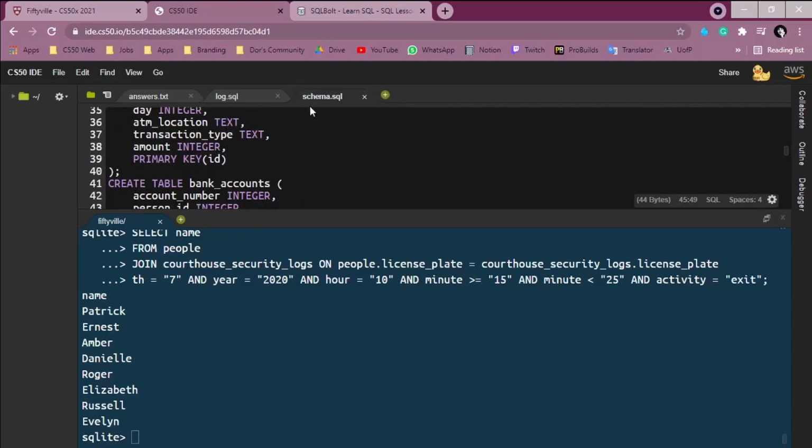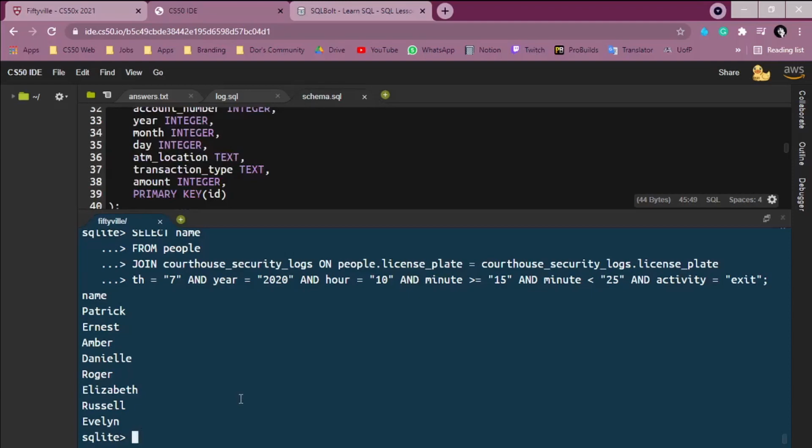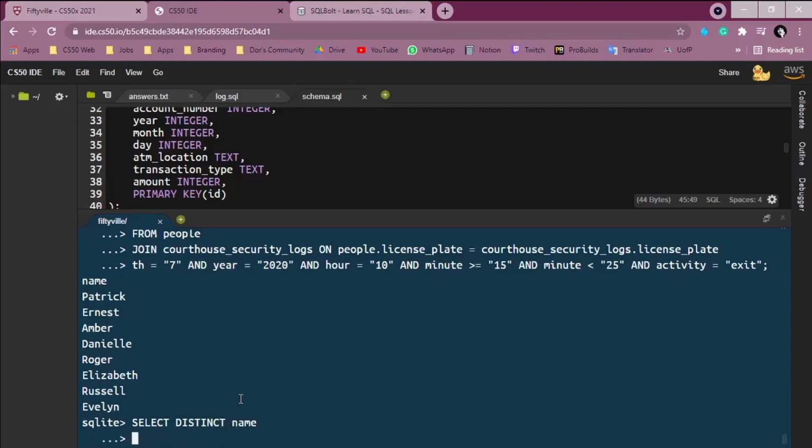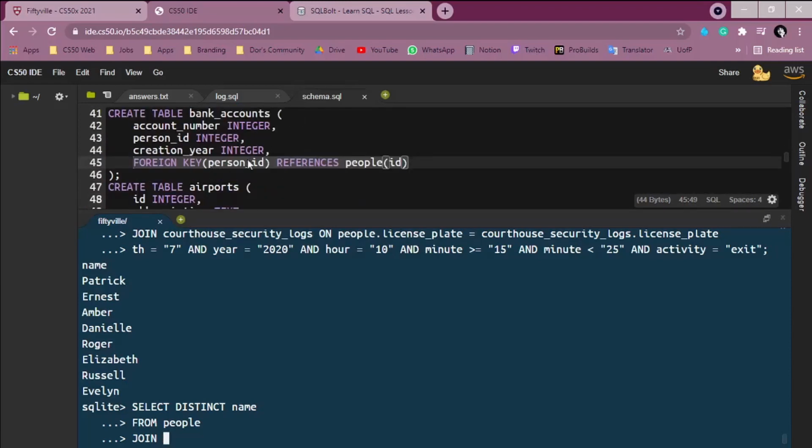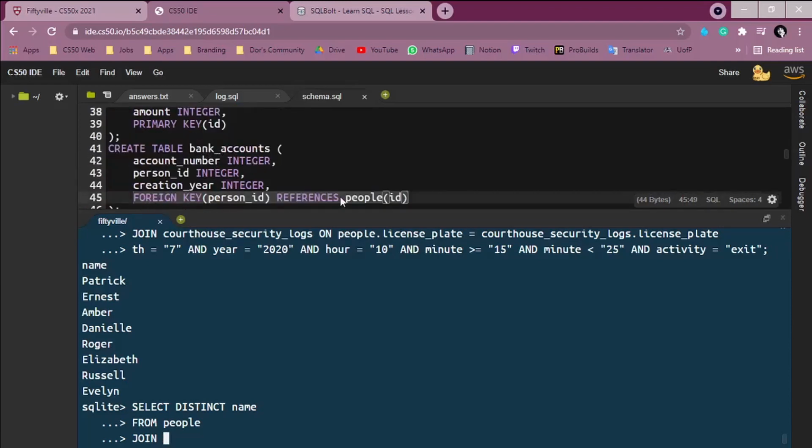So here we're going to do the join again. Since we want to grab one name only, we're going to select distinct name from people, and we're going to do the join. The first join, we're going to join the bank account with the people table. And why can we do this? Because they have this relationship in here. So we're going to join bank accounts on people.id equals bank accounts dot person underscore ID.